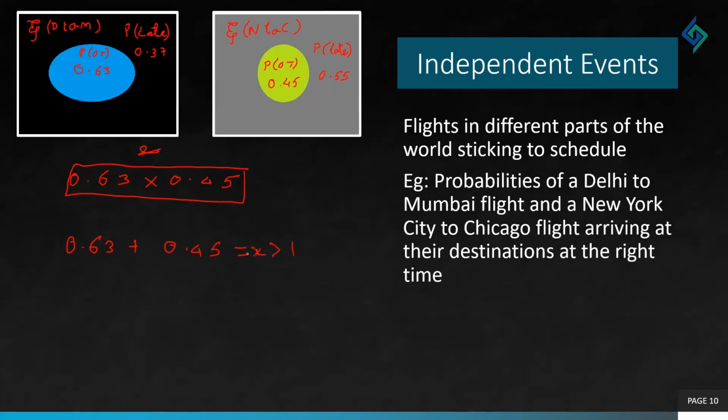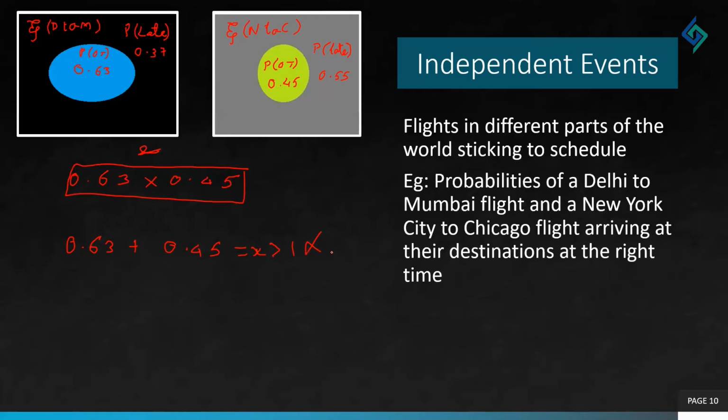And we have already discussed that it is impossible for the probability of an event or multiple different events put together to be greater than 1. So this result then becomes absurd, which means that the OR rule does not hold true when it comes to mutually independent events. So how do we calculate the probability of the Delhi to Mumbai flight or the New York to Chicago flight arriving on time?